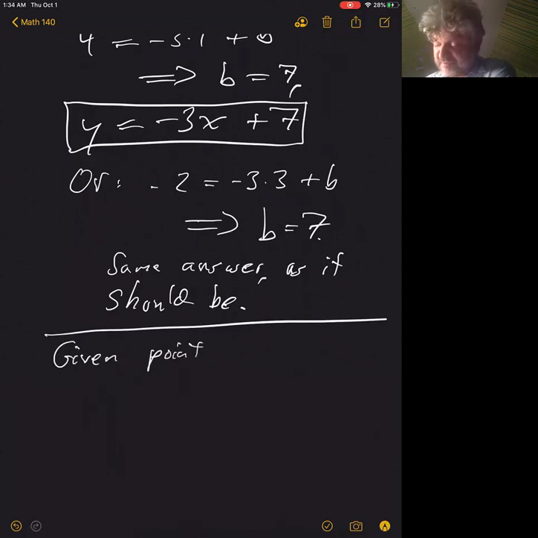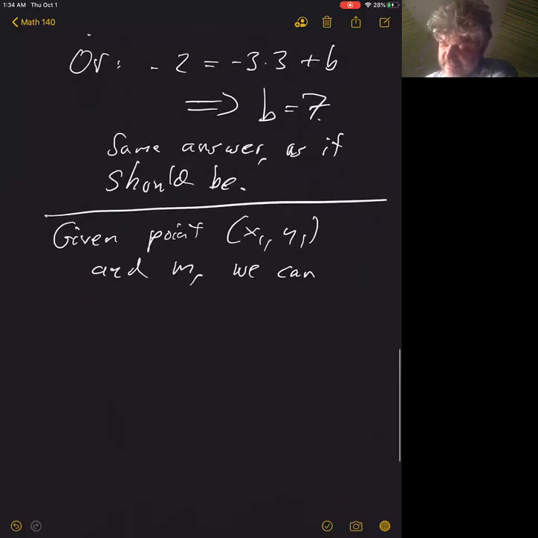Given a random point, let's say (x1, y1), and the slope for your line, we can write an equation for the line specified by those two properties.